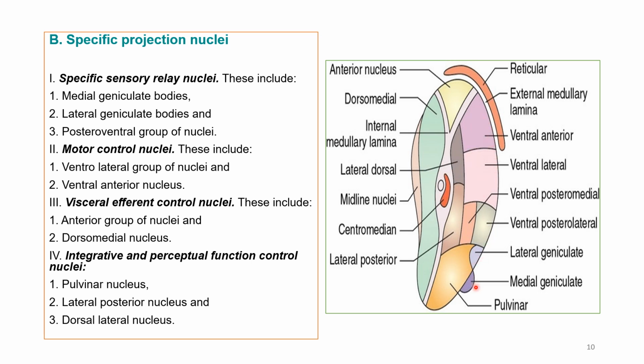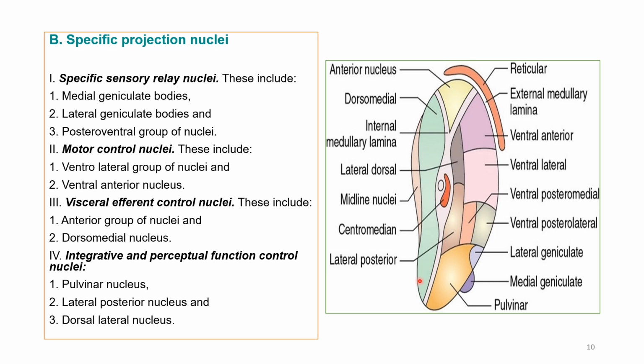So these are the medial geniculate, lateral geniculate, VPM and VPL, which are concerned with the sensory function, sensory relay. Ventrolateral and ventroanterior is controlling the motor function. Then coming to visceral efferent. These are the anterior group of nuclei and the dorsomedial nucleus. Okay, so these two will control visceral efferent function, that is the anterior and dorsomedial nucleus.